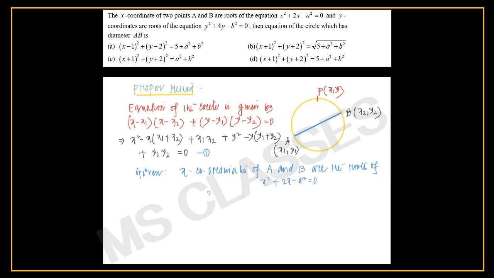Now here x1 plus x2 equal to minus b by a, that is minus 2, and x1 into x2 equal to minus a square.